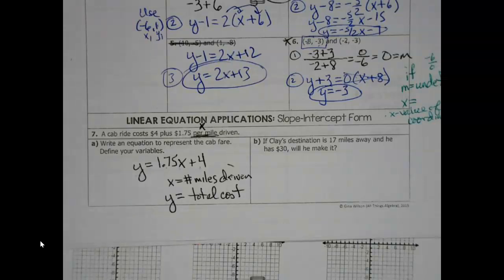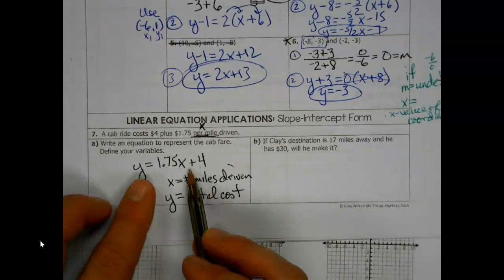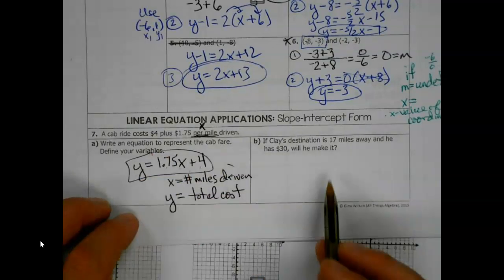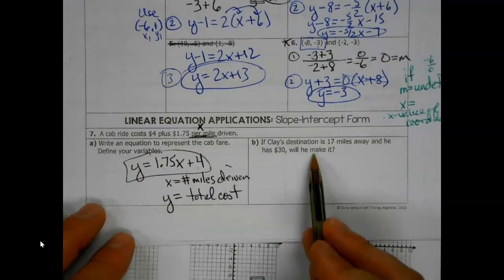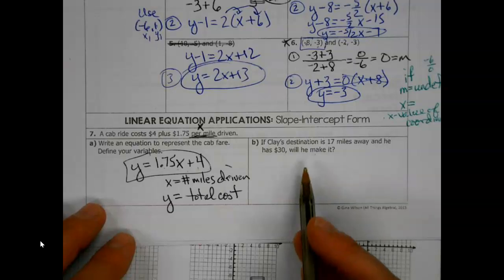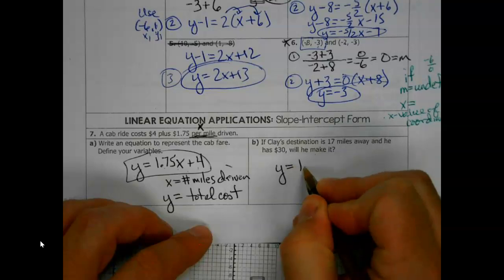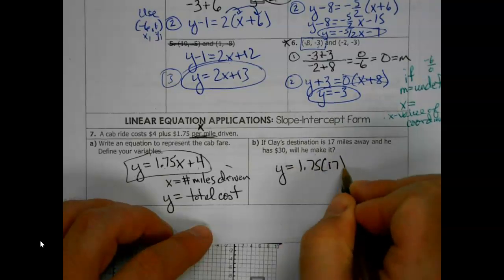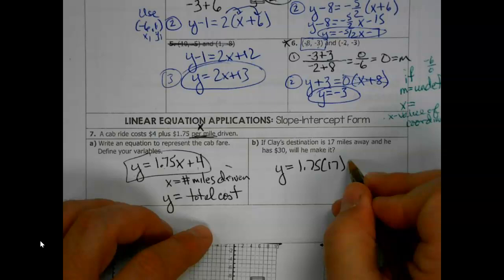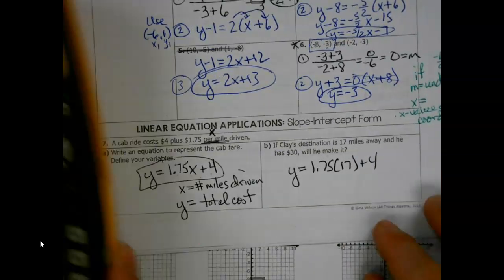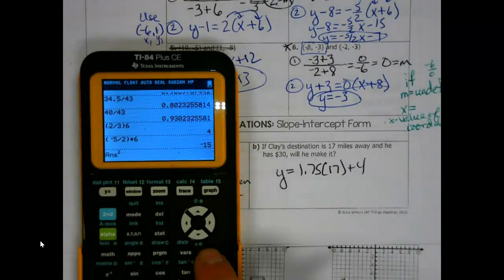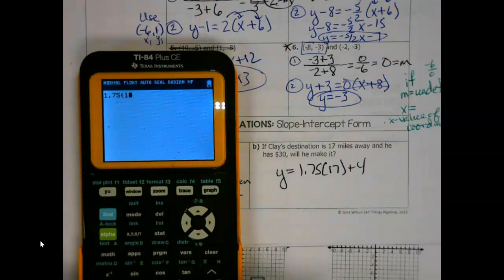Once we set this up, now we can look over here and go, okay, so if Clay's destination is 17 miles away and he has $30, will he make it? I don't know. Let's see. Let's see, Clay, you're going to have to hitchhike. I hope not.